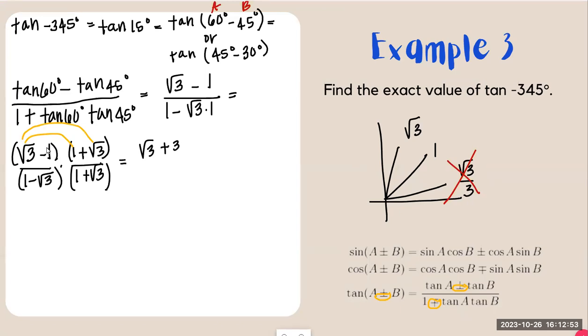Next, we're going to distribute the negative 1. Negative 1 times 1. Negative 1 times the square root of 3. Okay, I can already see that these two terms add up to 0. And 3 minus 1 is going to give us 2. All right, let's look at the bottom. We're going to distribute the 1. 1 times 1. 1 times square root of 3.